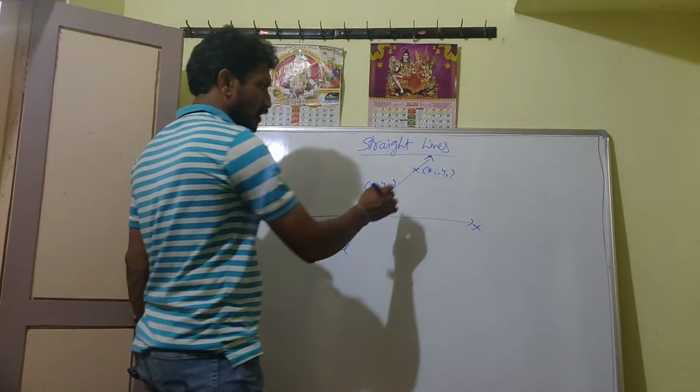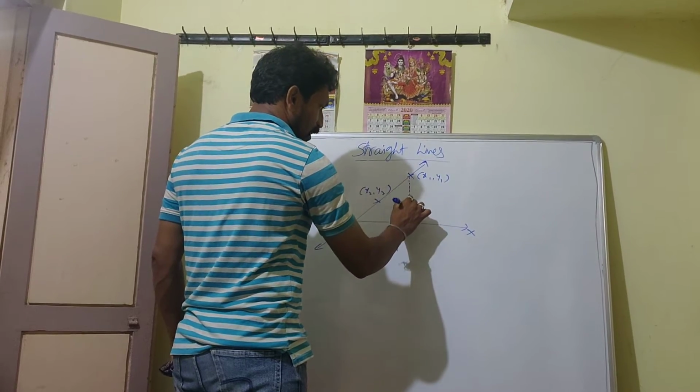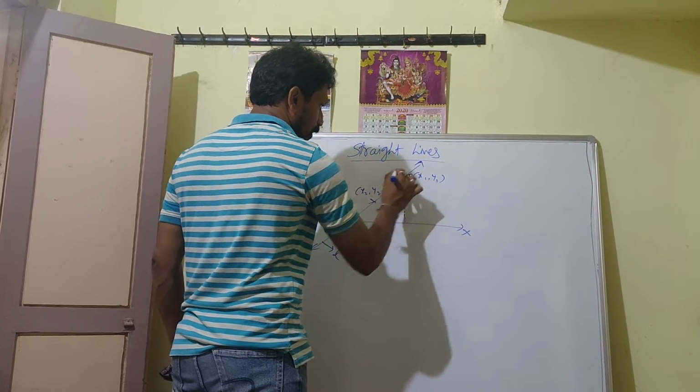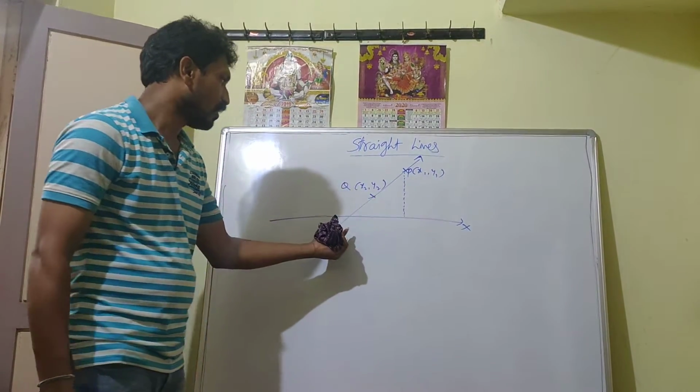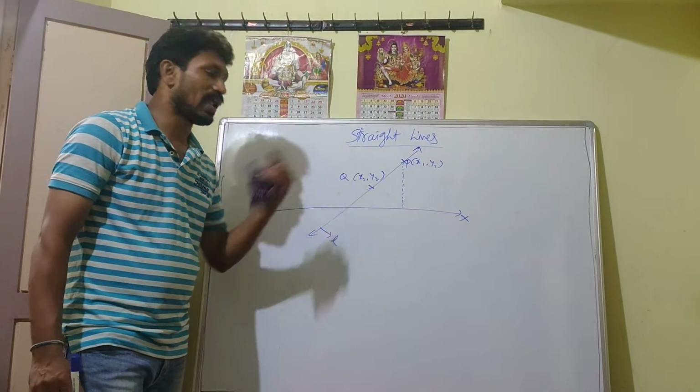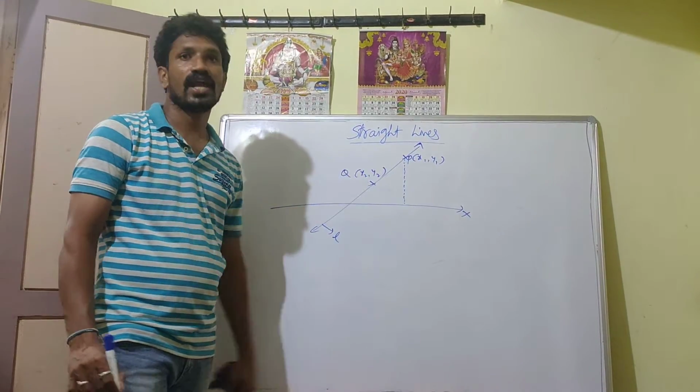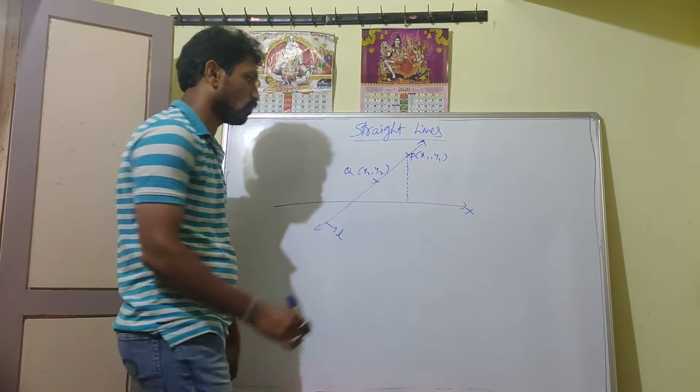See here, just drop a perpendicular to the x-axis from this point P. Let us denote it with M. So now I am deriving the slope of this line, whenever it has any 2 points x1, y1 and x2, y2.